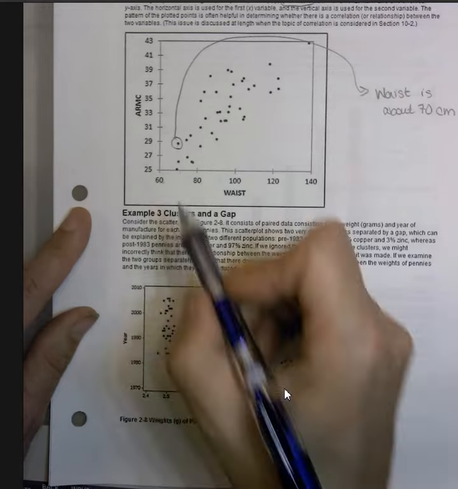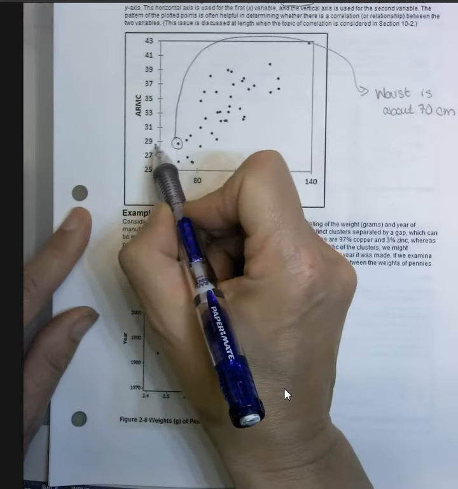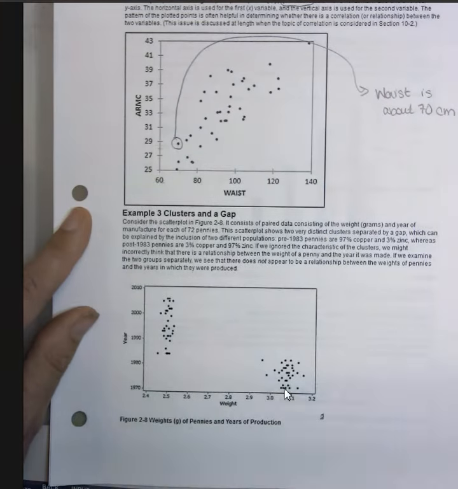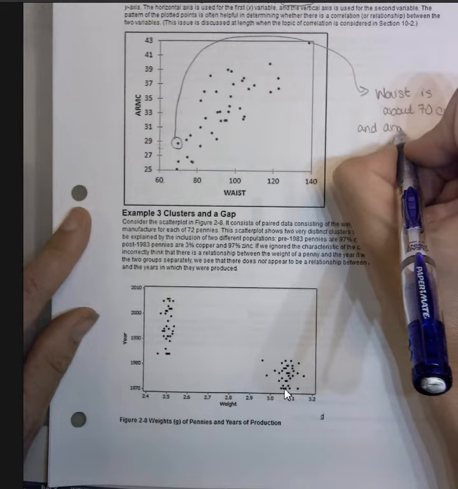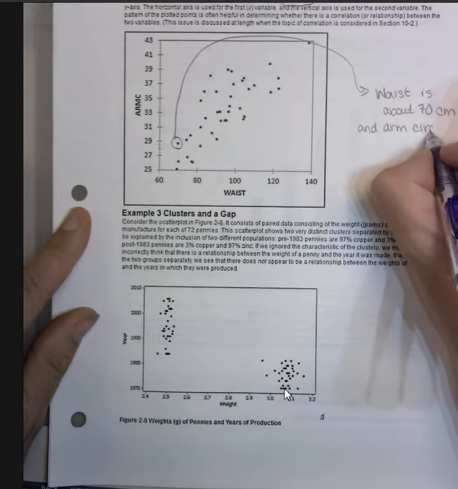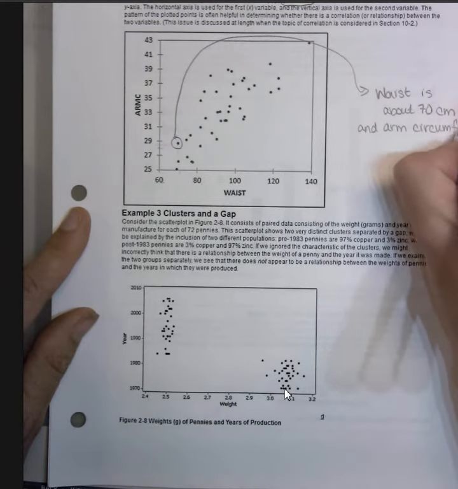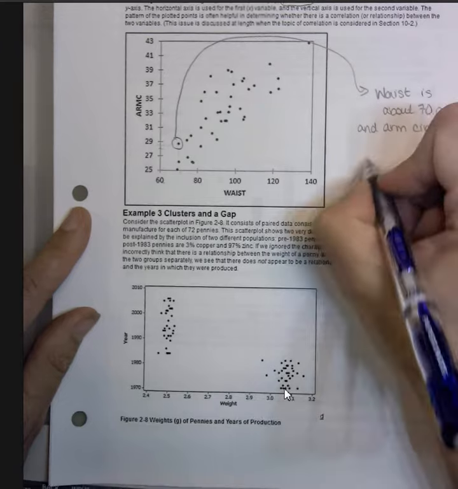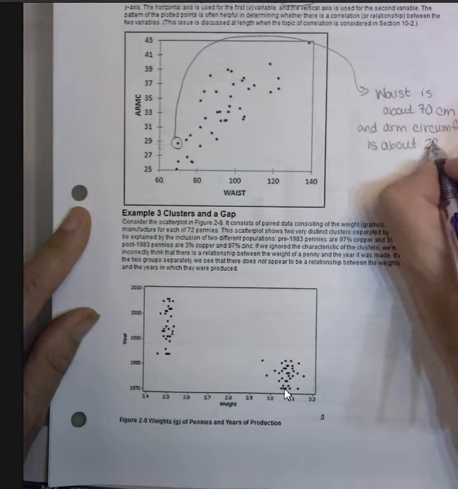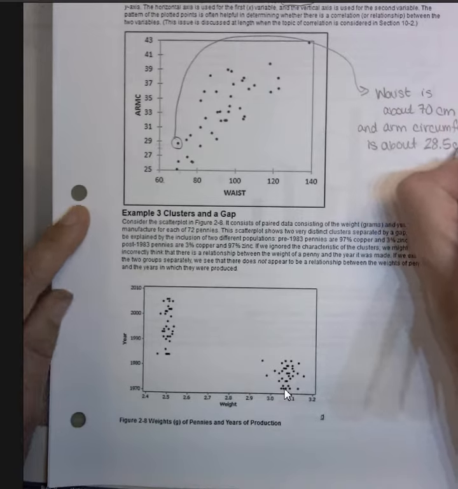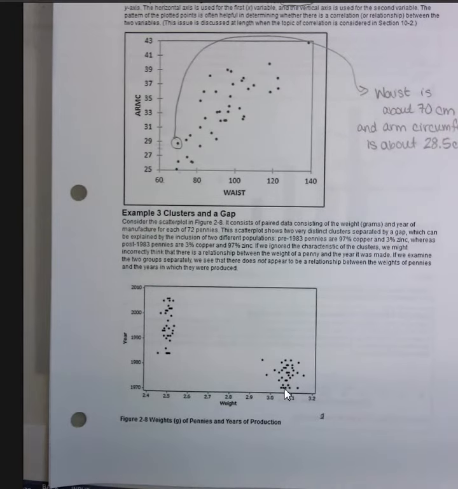And their arm circumference is, so 28 would be in the middle. I don't know, maybe about 28.5 centimeters. So each dot represents one person, and it gives you two pieces of information about that person.